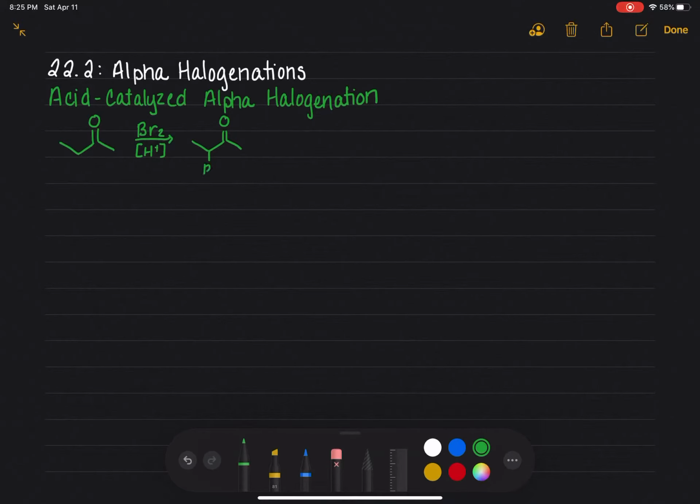Because this is an asymmetrical ketone, we've got 2 possible products. It could replace either alpha hydrogen on the left side or alpha hydrogen on the right side, and we find that the major product is the product that has the bromine on the most substituted of the 2 alpha carbons.